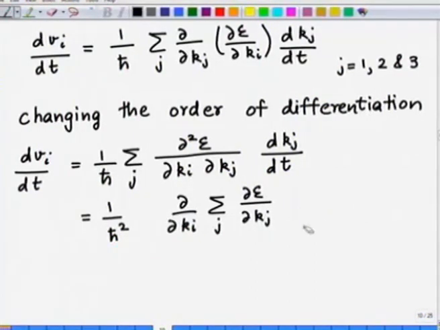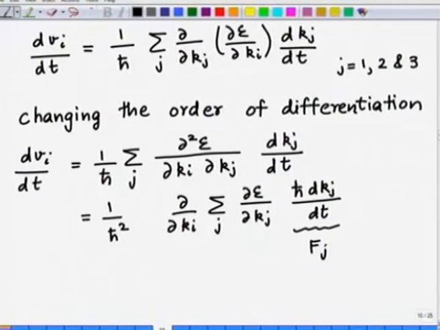So, I should put an h bar in there. Now clearly, what do you associate this with? This quantity is simply the jth component of the force. So, force has components 1, 2, 3; remember h bar dk/dt is the force. So, this is the jth component of the force.